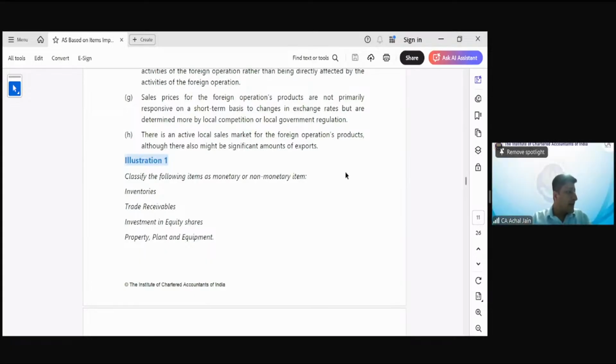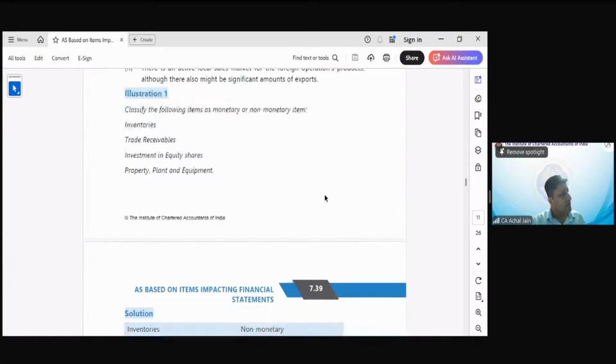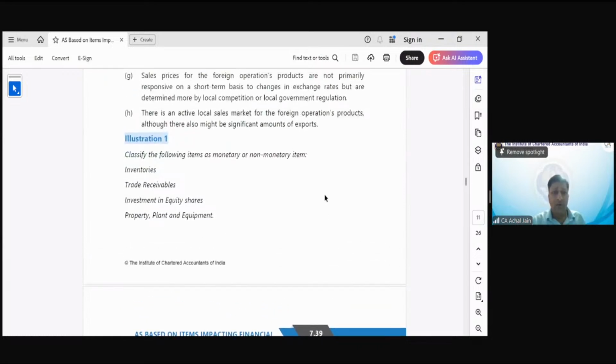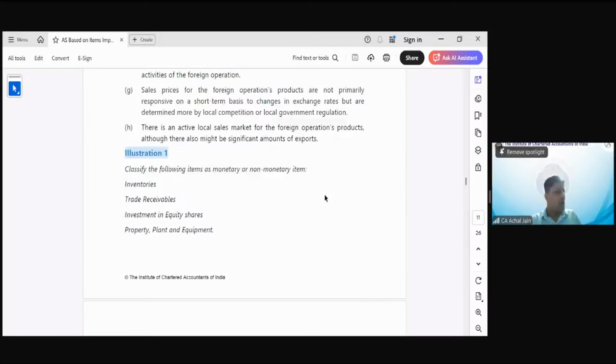Classify the following items as monetary or non-monetary: inventory, trade receivables, investment in equity shares. Quickly, over to you. About inventory, will you be calling this monetary or non-monetary?